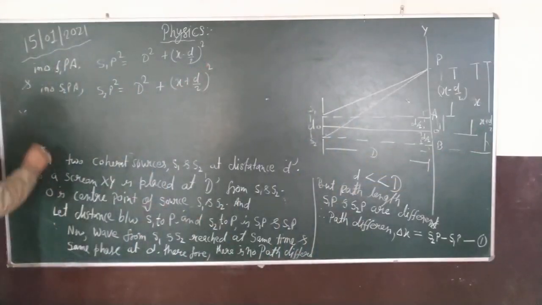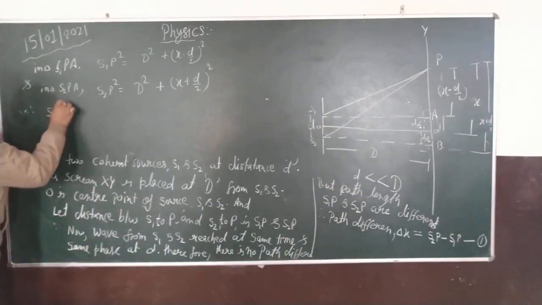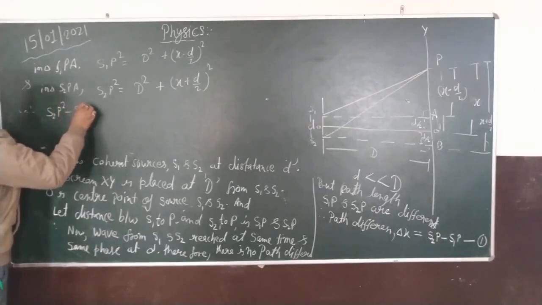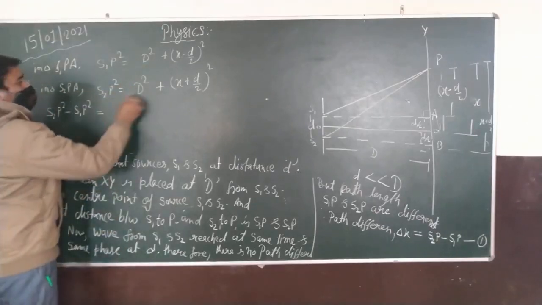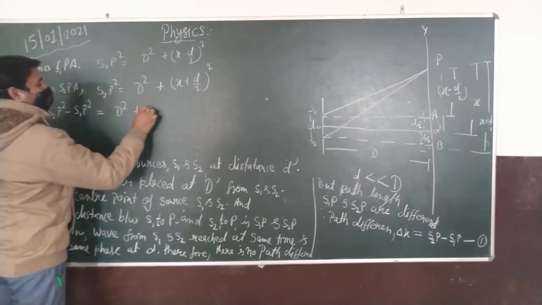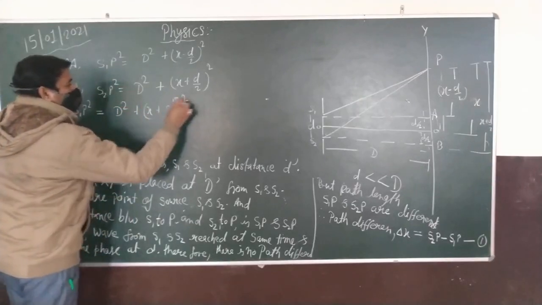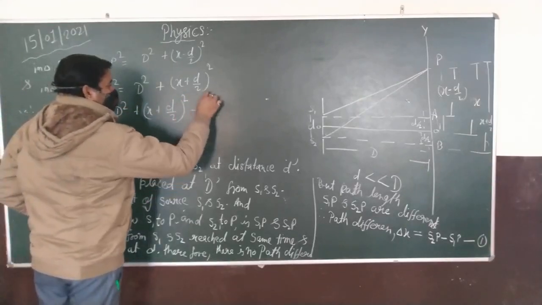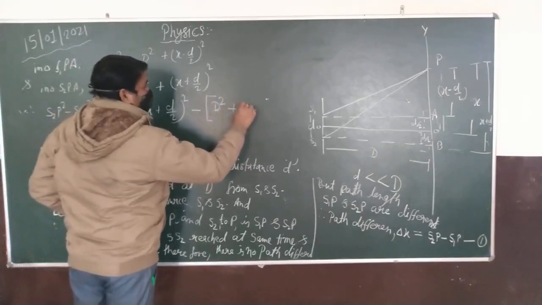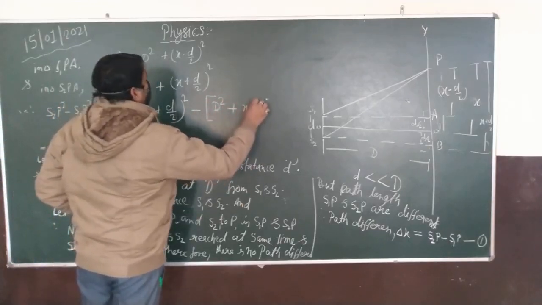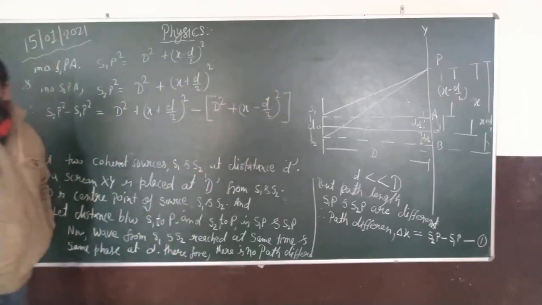Okay, therefore S2P square minus S1P square is equal to D square plus (x plus d by 2) whole square minus D square plus (x minus d by 2) whole square. Clear?